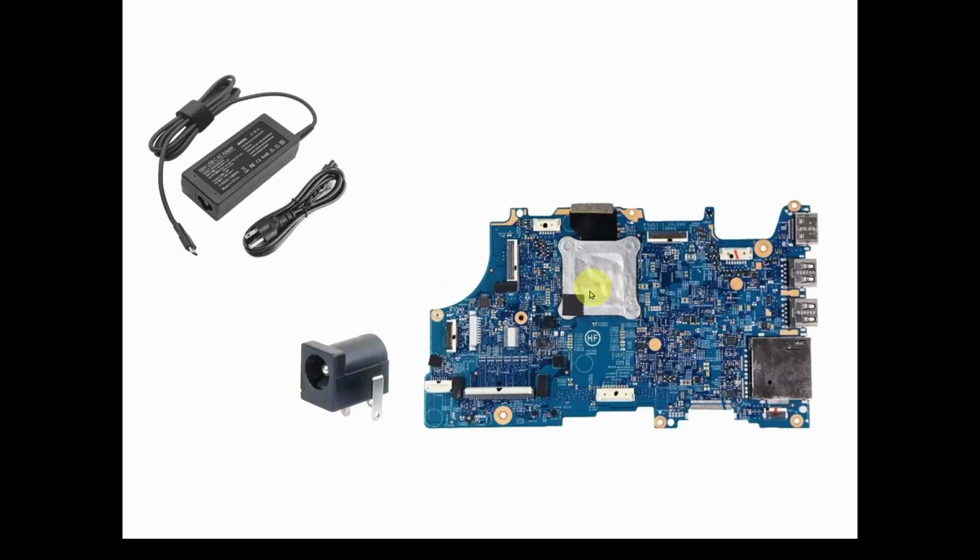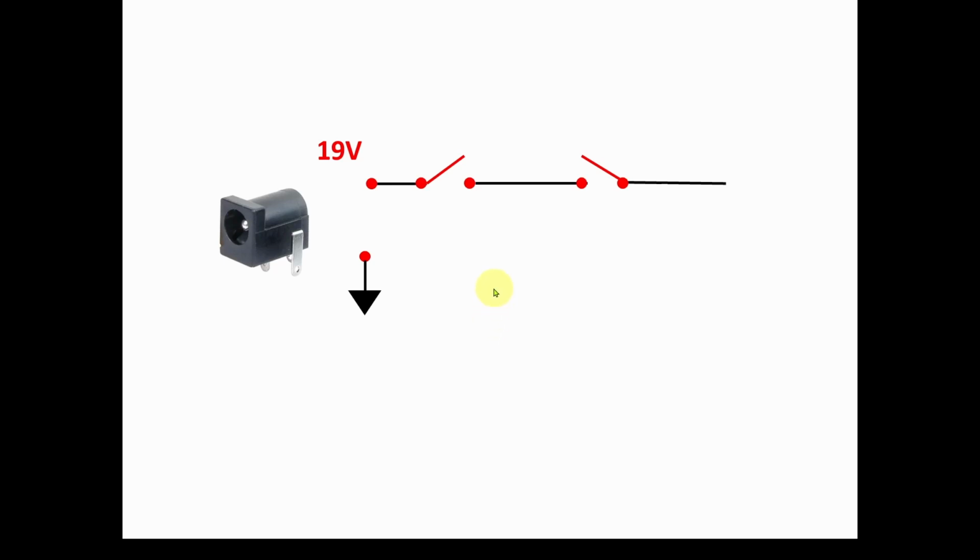So again, here is our laptop motherboard. We've got our adapter and our DC jack. So let's take a look at some of the ways that, once we plug into this jack and we feed it into the circuitry, what kind of circuit can we expect in here to start doing some of those things we were just talking about? Well, we're going to have to turn the power on and off to the laptop, right?